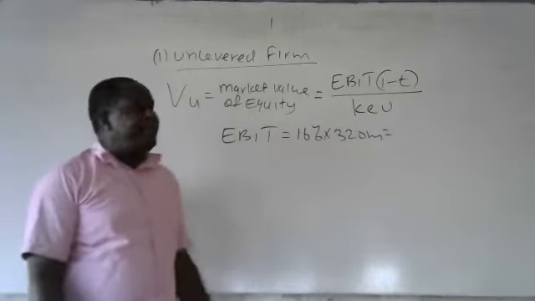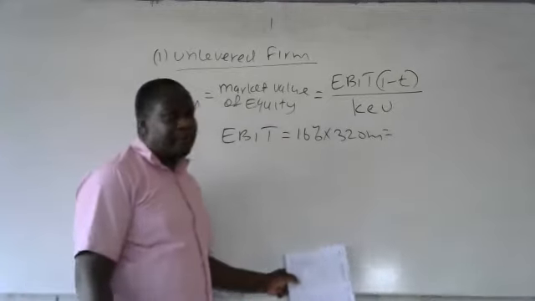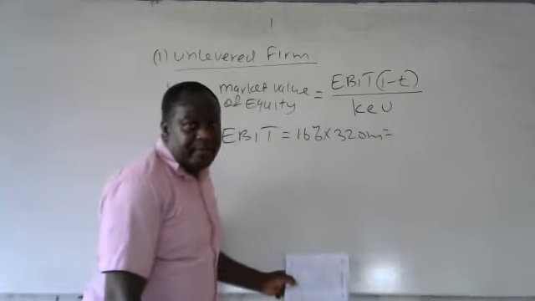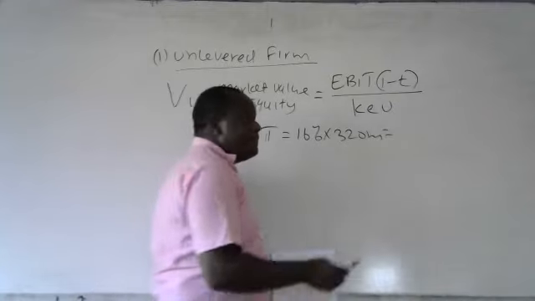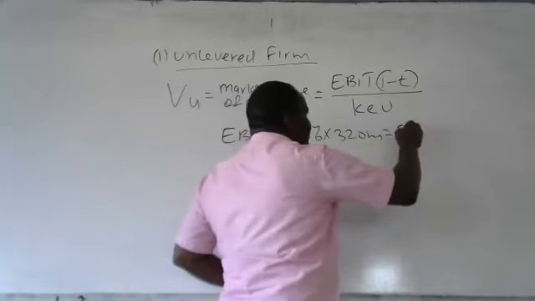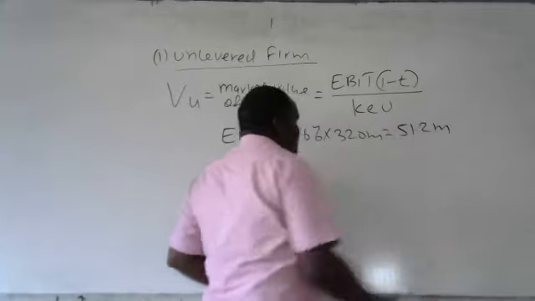So our earnings before interest and tax will be 16% of 320 million, which is 51.2 million.